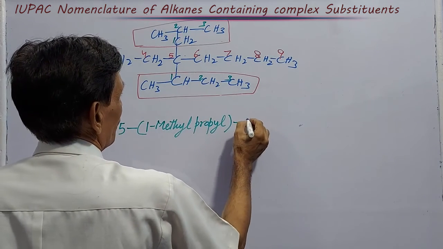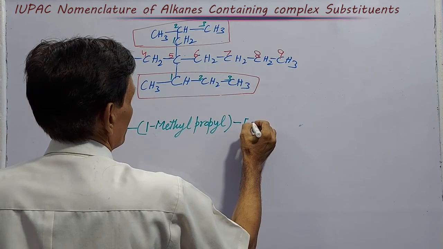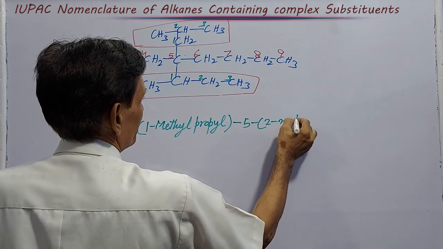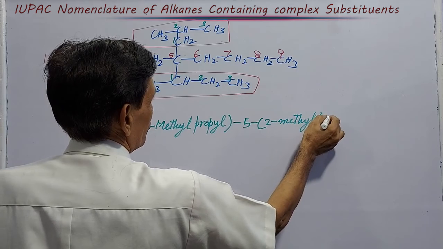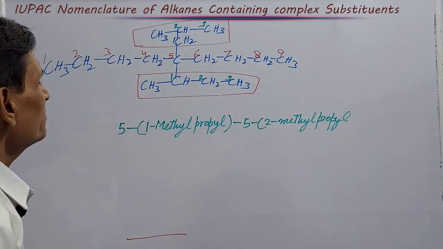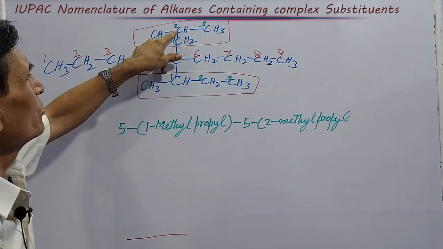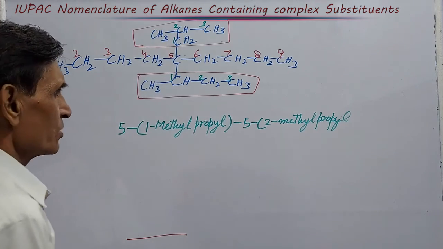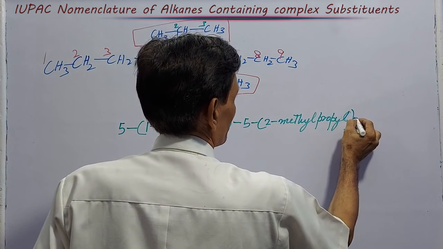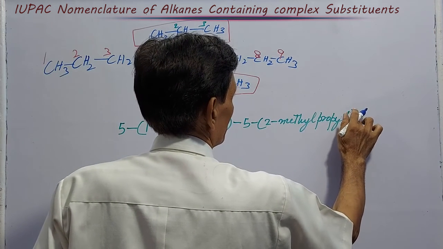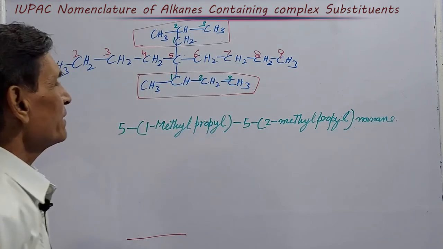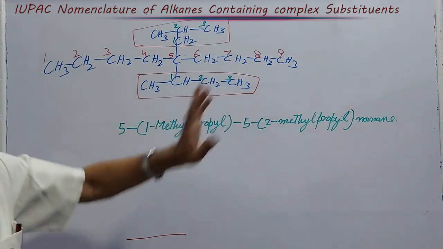Now again 5-(2-methyl propyl). 5-(1-methyl propyl)-5-(2-methyl propyl) nonane will be the name of this hydrocarbon.